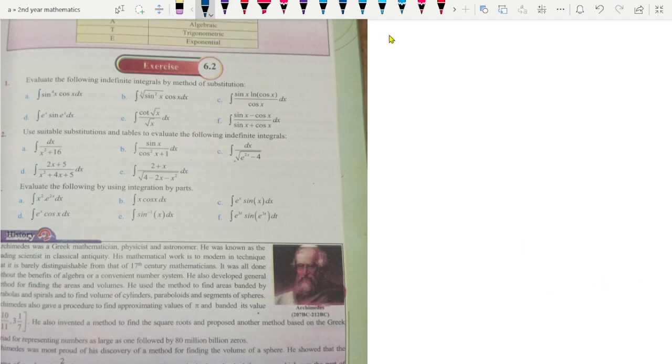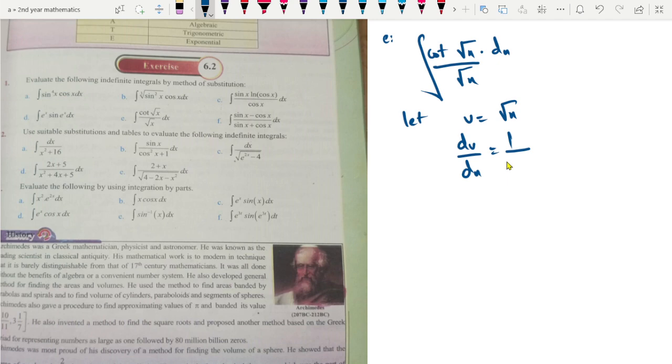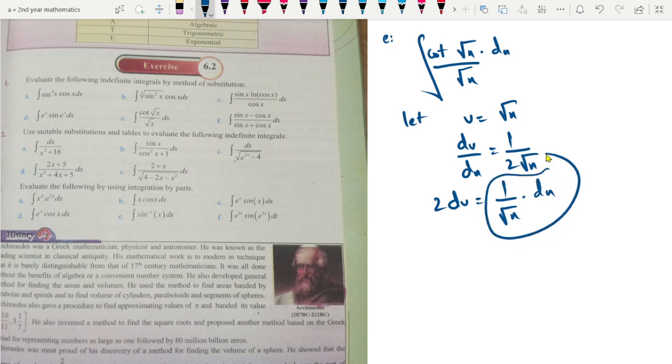Now the next part is part E: the integral of cot(√x) dx divided by √x. Let u = √x. So du/dx = 1/(2√x). So 2 du = 1/√x dx. In place of this I can write this.